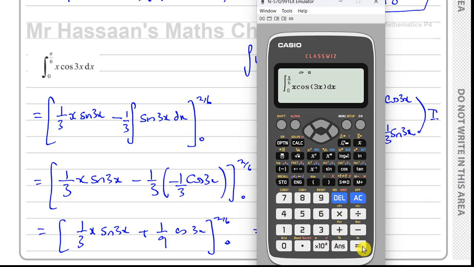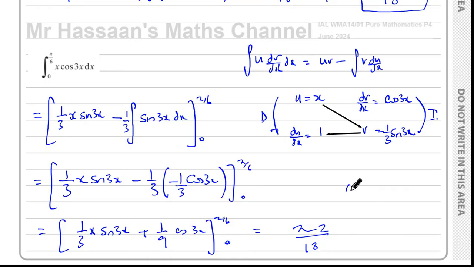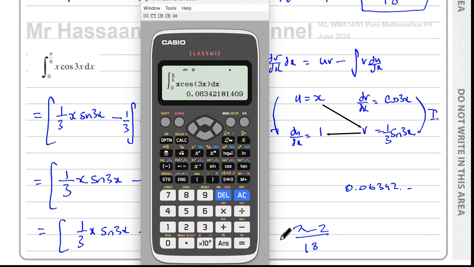And I press equals. Now it's going to give me a decimal value, which is 0.06342. I can write that down here. Now I'm going to check the answer that I got when we calculated it, and verify that they're the same decimal value.